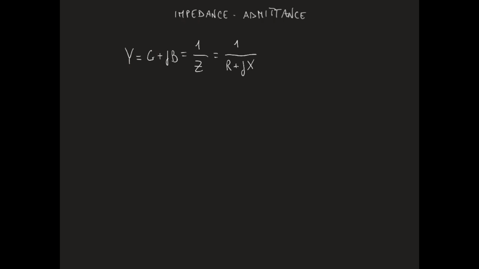If we multiply both the numerator and the denominator by R minus jX, we get R minus jX divided by R squared plus X squared, or R over R squared plus X squared minus jX over R squared plus X squared.